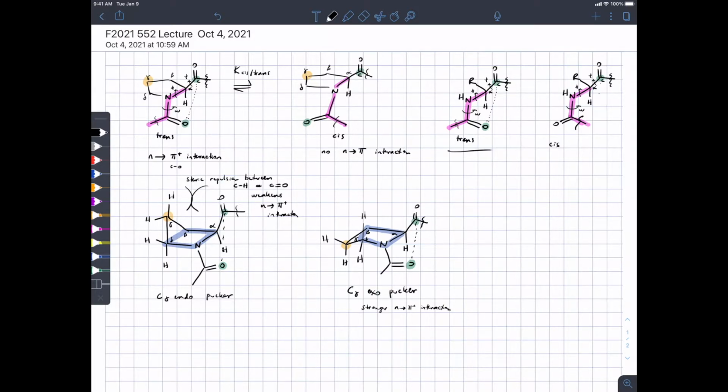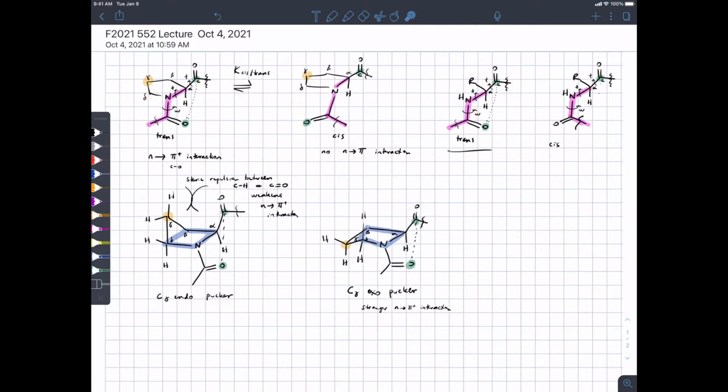So there is a small preference, but it's way less than it is for an amino acid that is not cyclic. Okay, so that preference is because of the n to pi star interaction? That's right. Yeah, the equilibrium constant is actually close to 1.